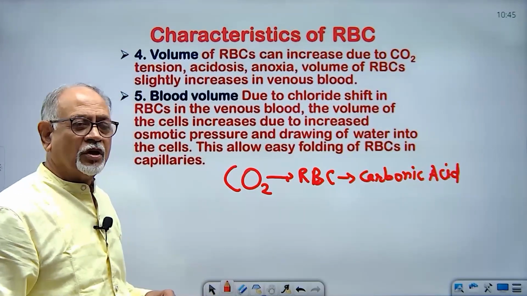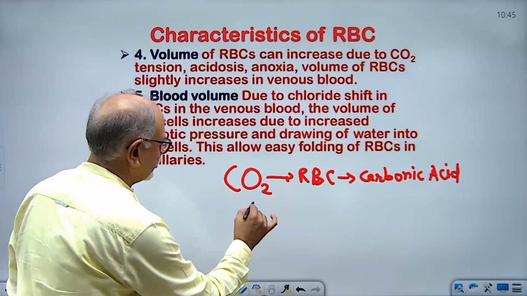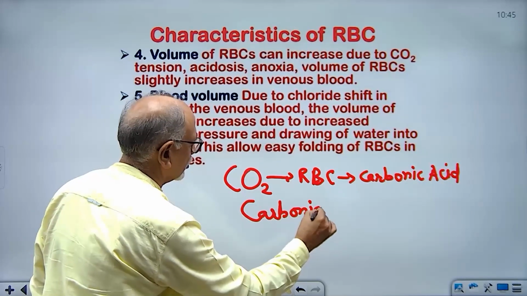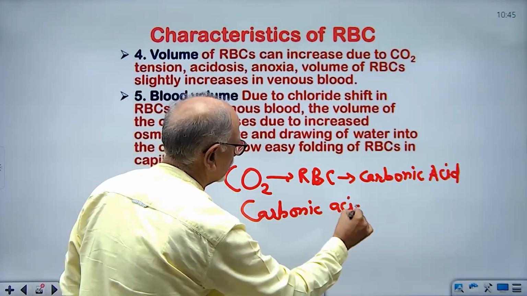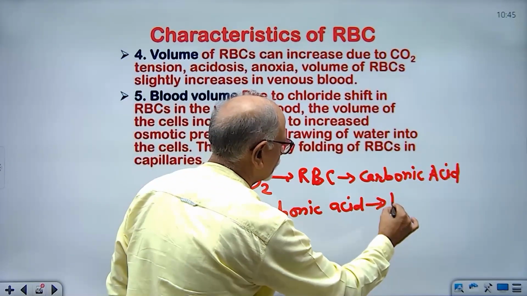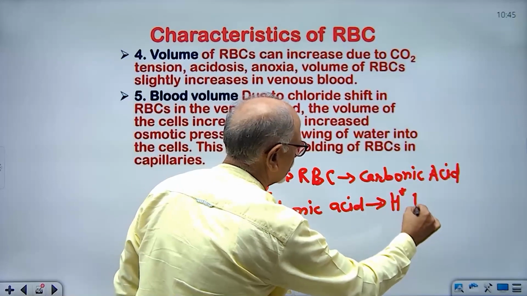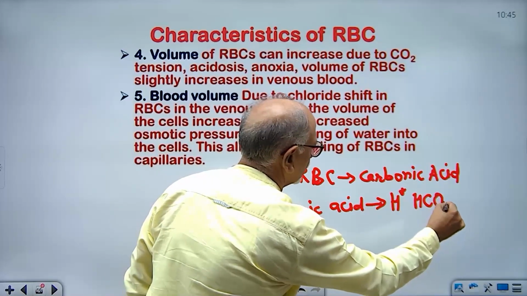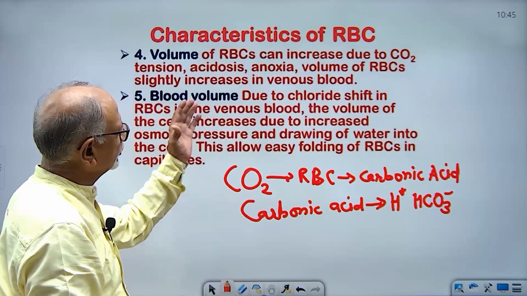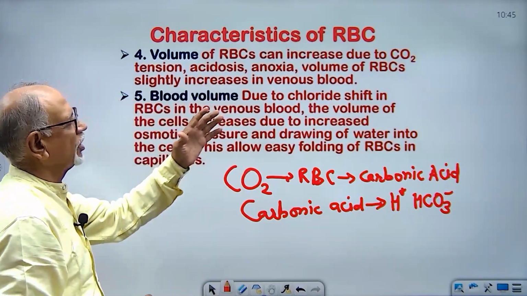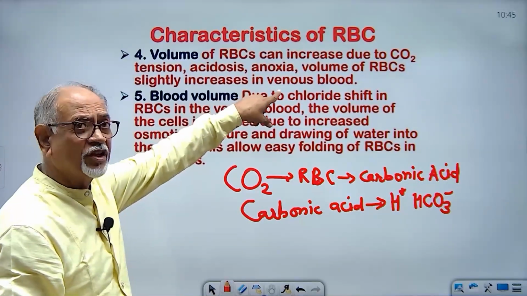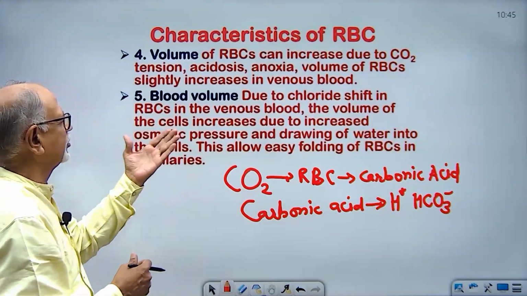And this carbonic acid dissociates into HCO3 ions. So, during this phenomenon, the volume of RBC increases. Therefore, the volume of RBC in venous blood is more than that of arterial blood.